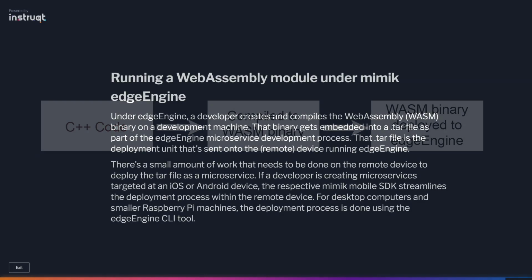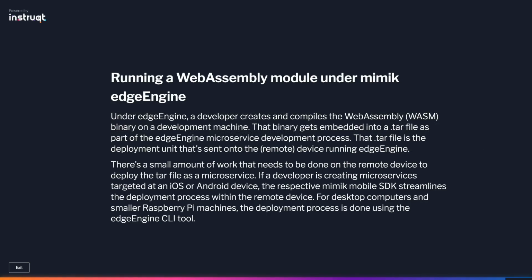There's a small amount of work that needs to be done on the remote device to deploy the tar file as a microservice. If a developer is creating microservices targeted at an iOS or Android device, the respective mimik mobile SDK streamlines the deployment process within the remote device. For desktop computers and small Raspberry Pi machines, the deployment process is done using the edge CLI tool.